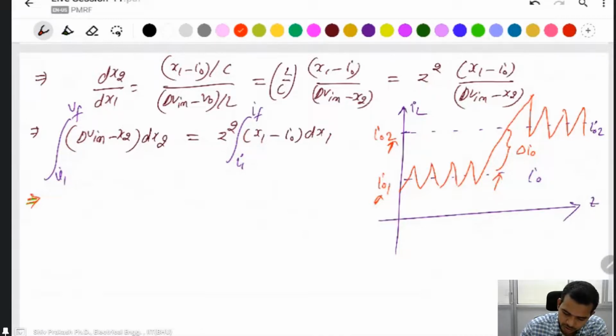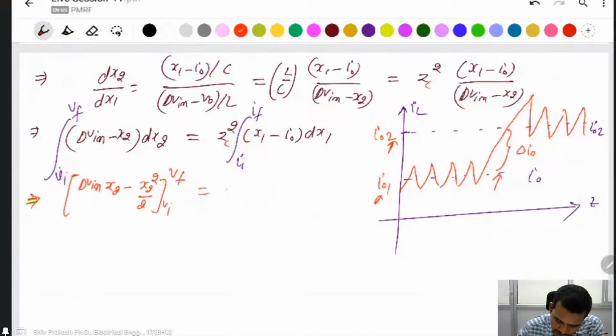This is the ZC characteristic equation. To integrate this, you find dv in this one: x2 minus x2 square divided by 2, up to the v1 final value. You take initial, and you get bc square x1 divided by 2 minus I naught into x1, from I initial to I final.